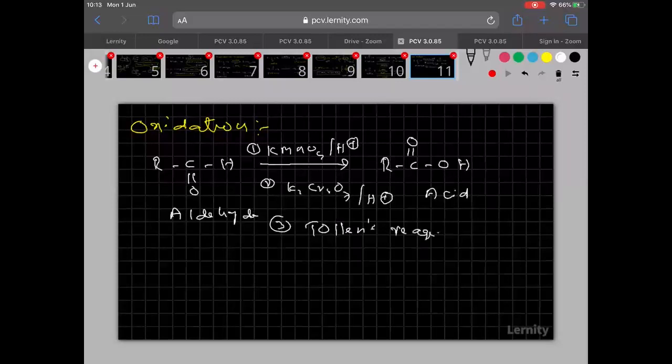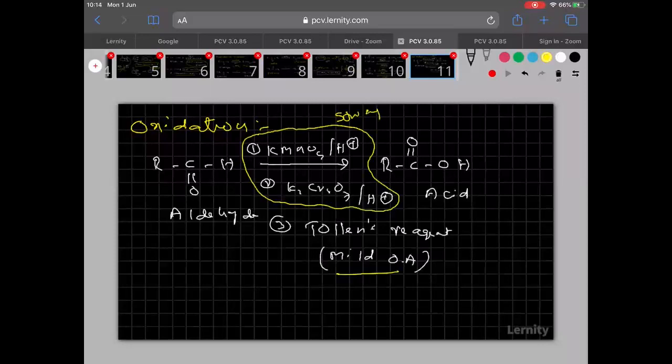So this is Tollens reagent, and remember everyone, Tollens reagent is a mild oxidizing agent. So what I want to say is that KMnO4 and K2Cr2O7, these two are strong, and this is mild. That means whether you use a strong or mild oxidizing agent, the product is the same. You will get the acid. So aldehydes on oxidation give acid, whether the oxidizing agent is strong or mild. That means aldehydes are very easily oxidized.